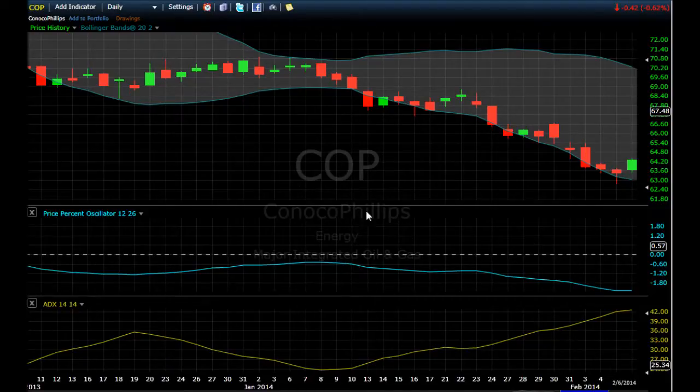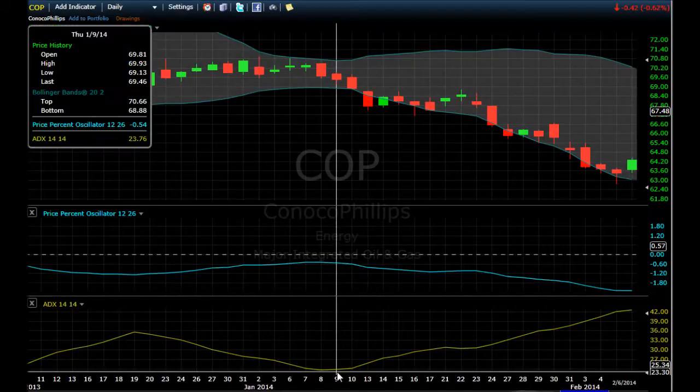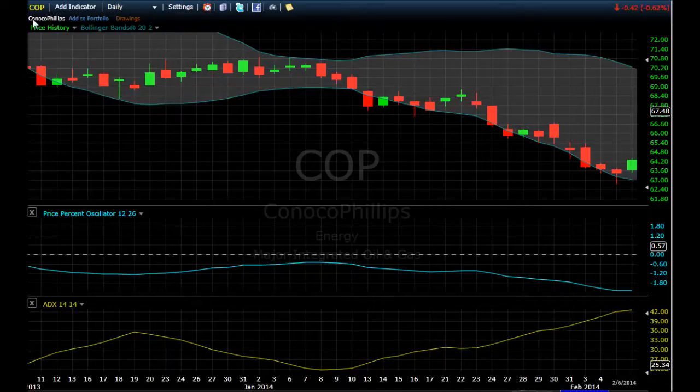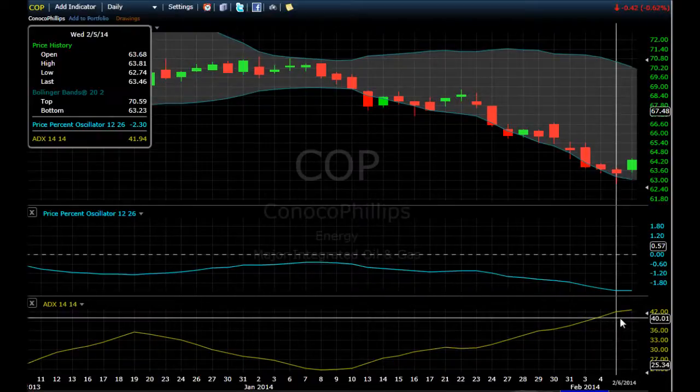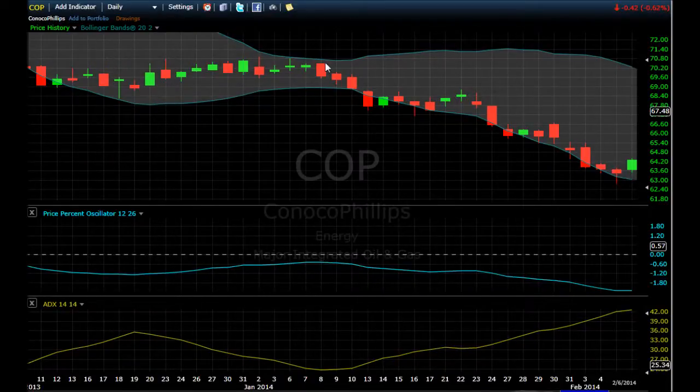Basically, right here you can see that starting back in January 9th, and I'm using COP as the example here, that's when the strength of the decline has been rising. So you can see the stock has been going on a decline, and the trend strength has been rising. And again, the PPO is just showing that the stock is trading under the moving average.